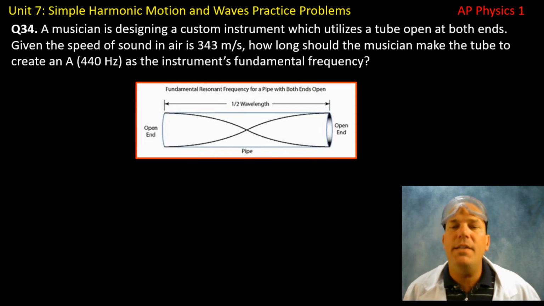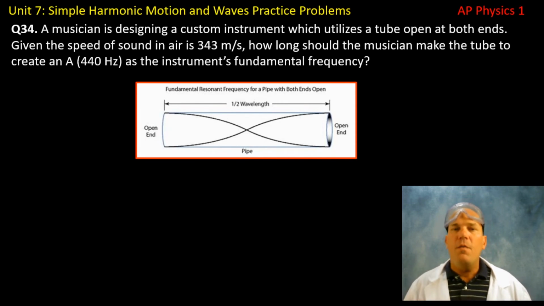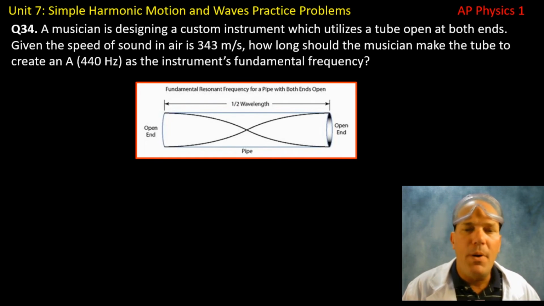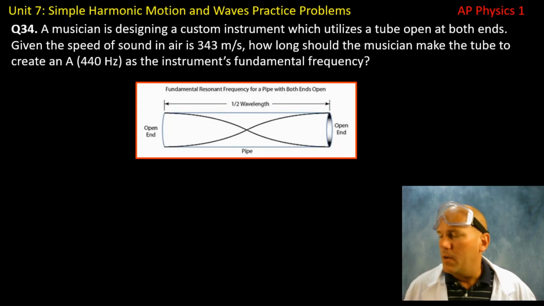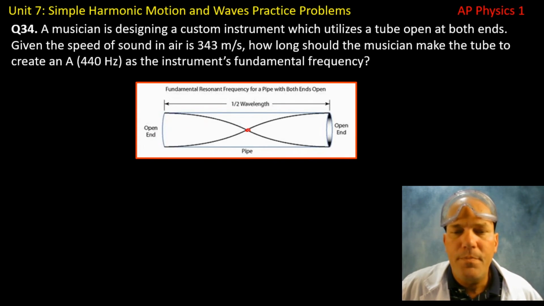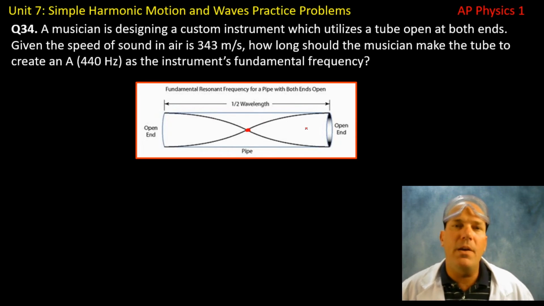You are looking at a schematic of the fundamental frequency for a pipe or column open at both ends. All right, and we've talked about this in class. We have a node here. At each open end, we have an antinode. All right, these correspond with areas of different pressure.